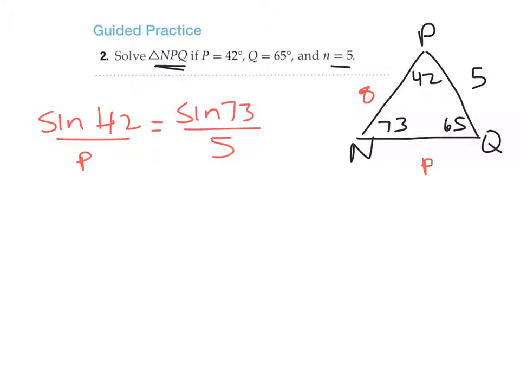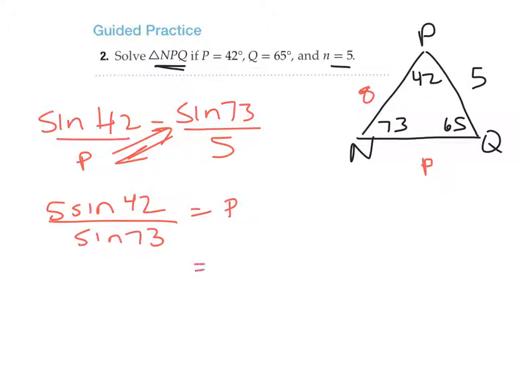Now these two are going to switch spots, and I'm going to multiply by 5. So 5 sine 42 over sine 73 equals p.